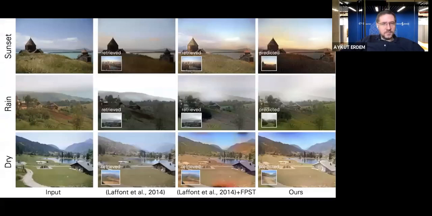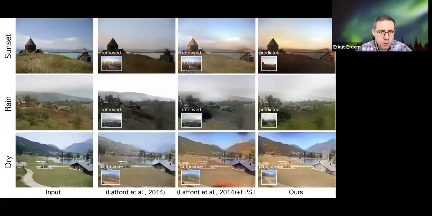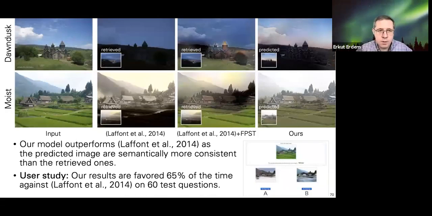If I make a comparison with the previous methods, I can say that our model outperforms the previous work. As you can easily see in these images, the predicted images are semantically more consistent than the retrieved ones, okay?